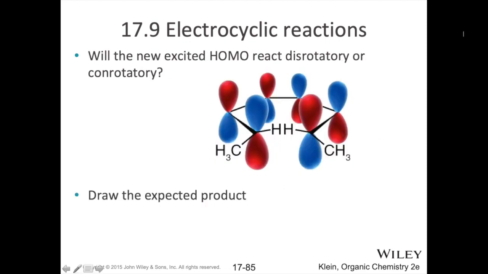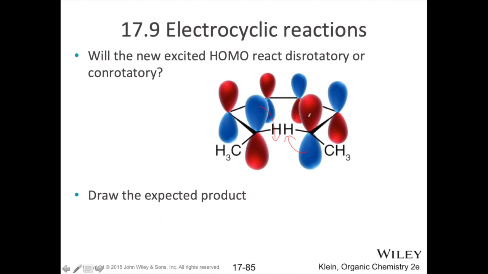So here you can actually see that a little bit more easily. Basically, if we want to get our blue lobes to interact, this swings clockwise down here, this swings clockwise up here, and we wind up getting an overlap that way. Alternatively, we could have swung this counterclockwise, where this red one comes up and this red one comes down, and have the red lobes interact.